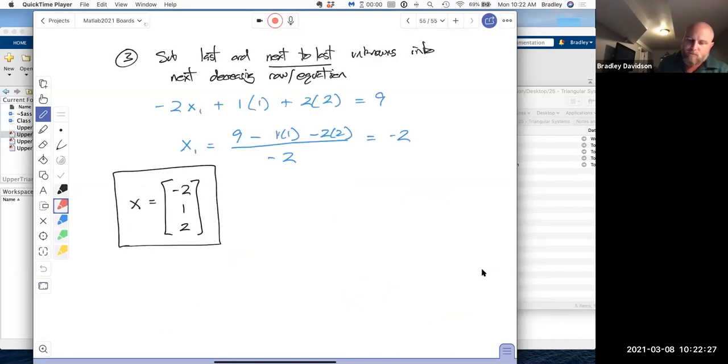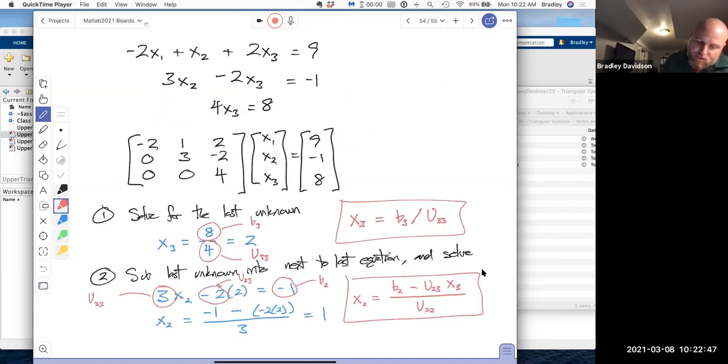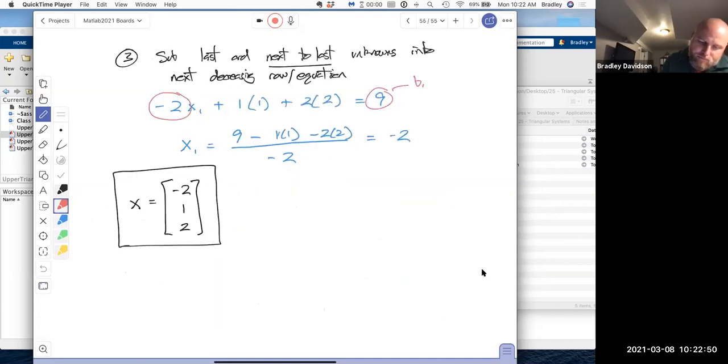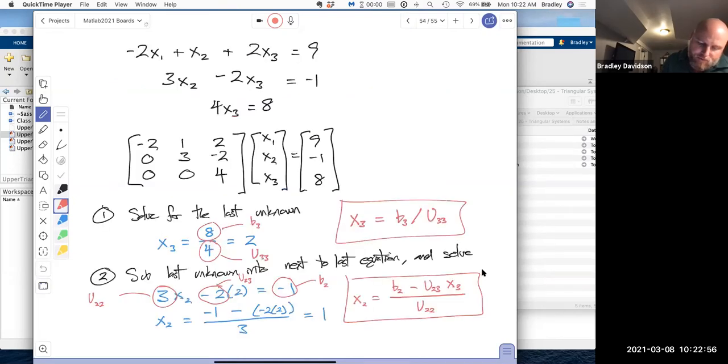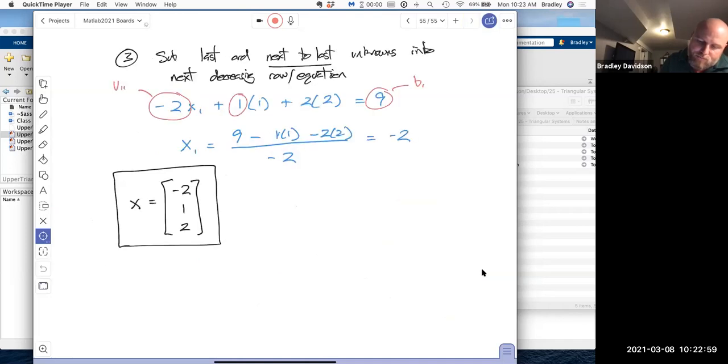Then let's get that final equation for x1, where our 9 is coming from our b1. Our -2 is coming from u11. Coefficient 1 is coming from u12, and the 2 from u13.